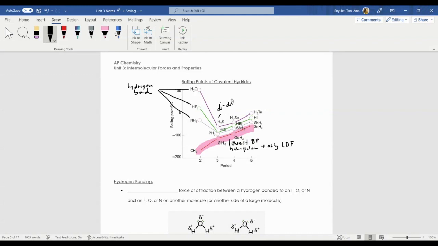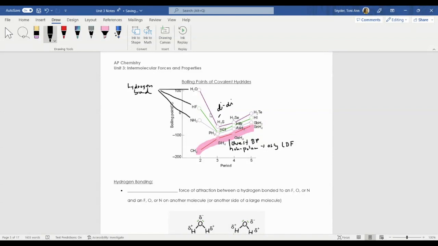I'll just write di-di. Very polar molecule, but not polar enough to hydrogen bond. As I go down the group, selenium has more electrons, so therefore it has a more polarizable electron cloud, and stronger intermolecular forces. Tellurium has even more electrons, so its boiling point will be higher.